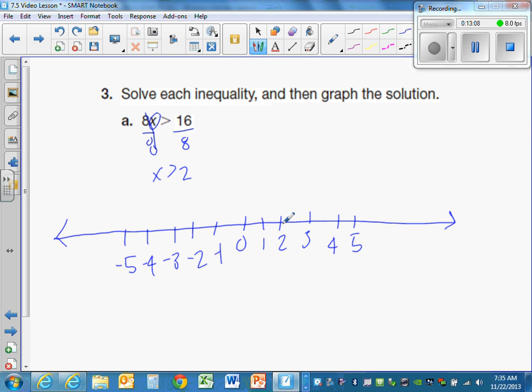Do I need an open circle or a closed circle? Am I including 2? And we should think, no, I am not including 2, so my circle needs to stay open. If I were including the 2, I would need to have that little greater than or equal to line down here at the bottom. So since my x is greater than 2, I need all the numbers on the right-hand side, or the ones that are larger than 2.